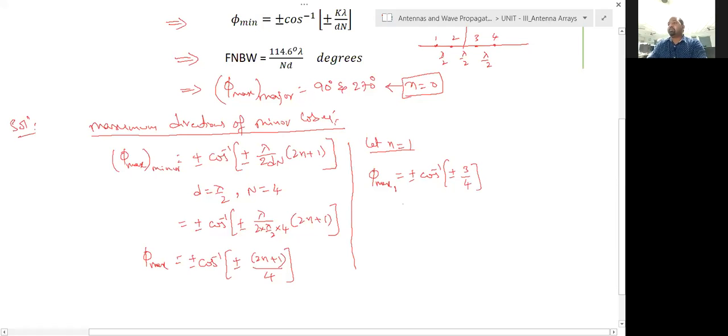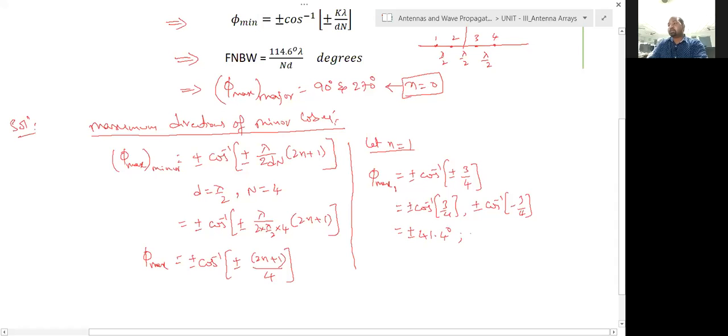This is equal to plus or minus cos inverse 3 by 4, plus or minus cos inverse minus 3 by 4, right? So cos inverse 3 by 4, how much will you get? If you calculate this, I will give you the values directly here.